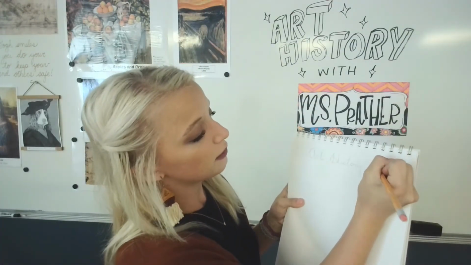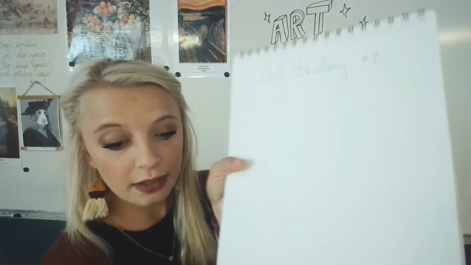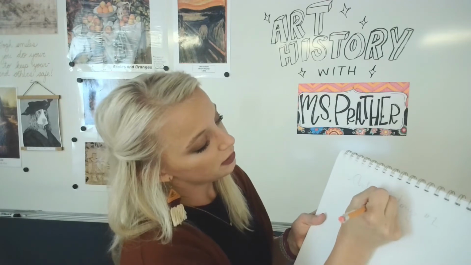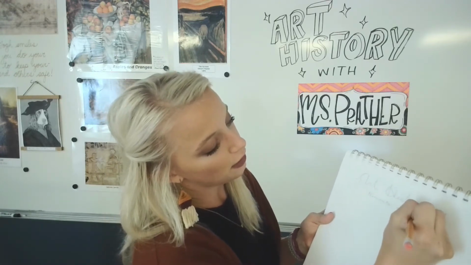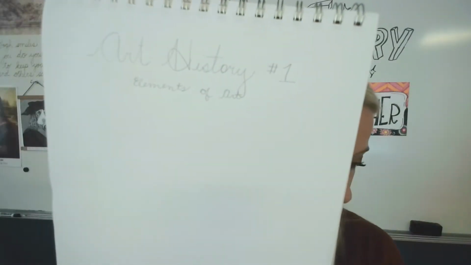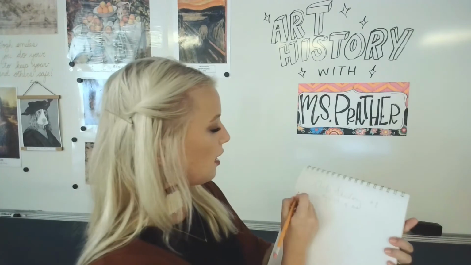And then you can write number 1 next to that. And then underneath it, write elements of art. Just like that. And you can go ahead and draw a line underneath that if you want.